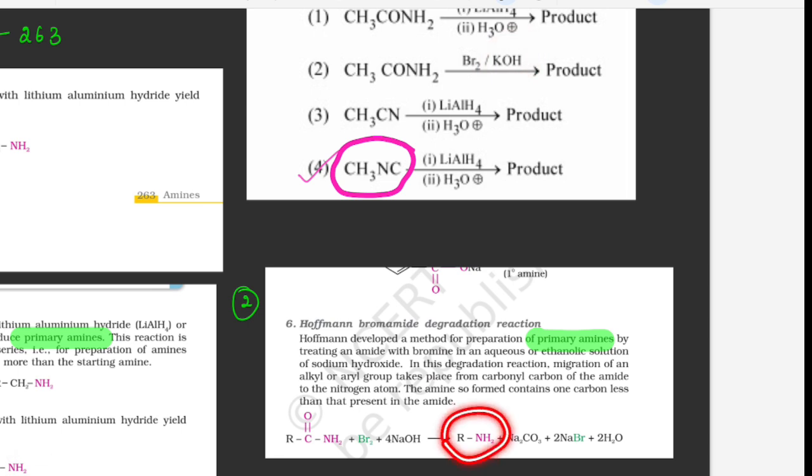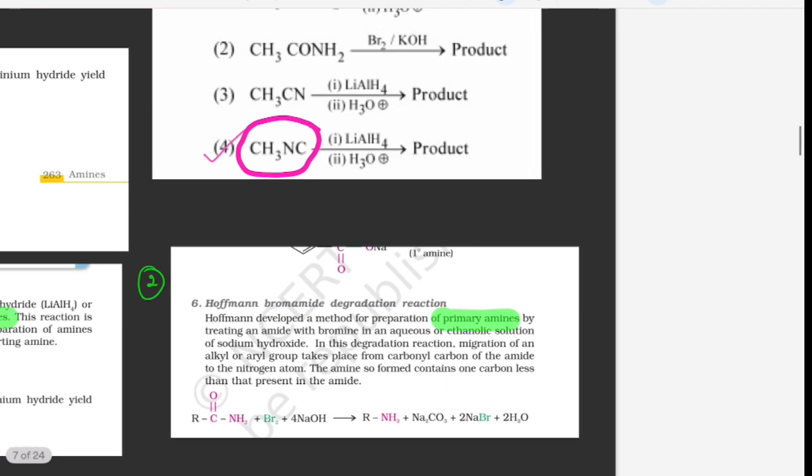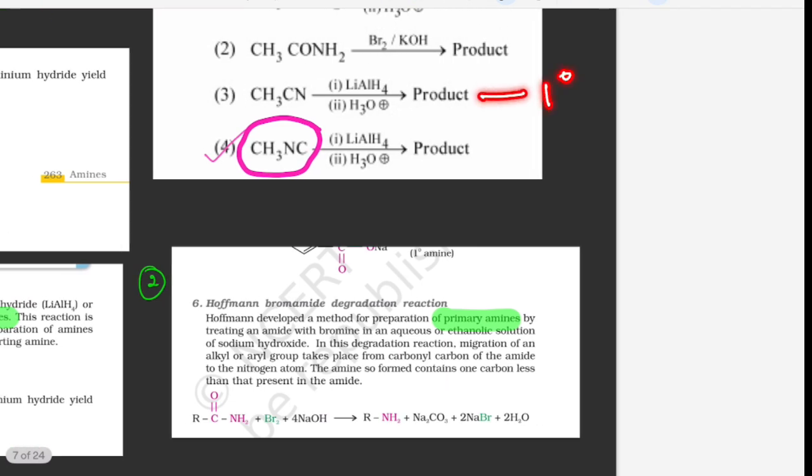The product will be primary amine. Third is alkyl cyanide when it is reduced with lithium aluminium hydride. Here you can see reduction of nitrile. Nitrile on reduction with lithium aluminium hydride produces primary amine. So this is also going to produce primary amine.